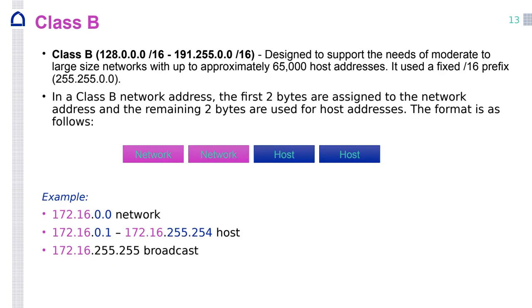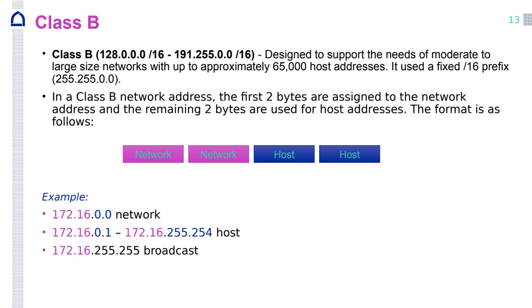What about class B? Class B is from 128 /16 to 191.255.0.0. This is an example here. The example is very important.